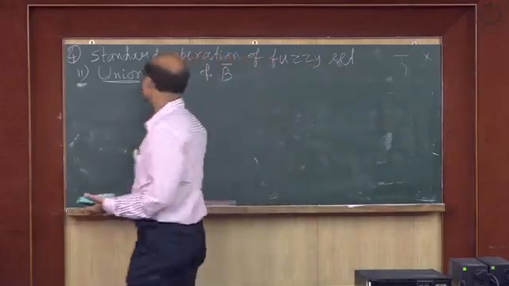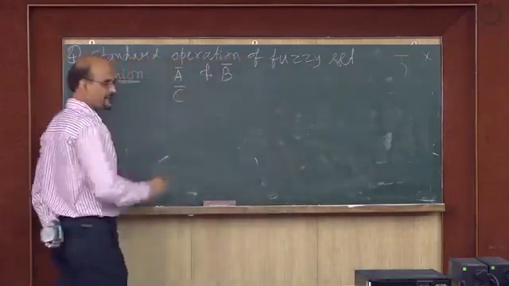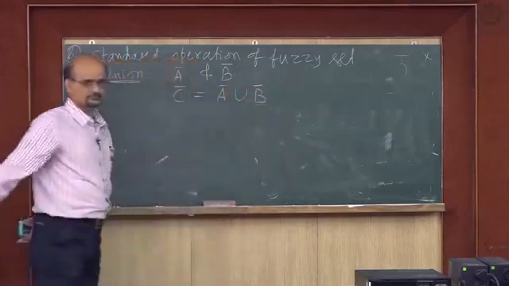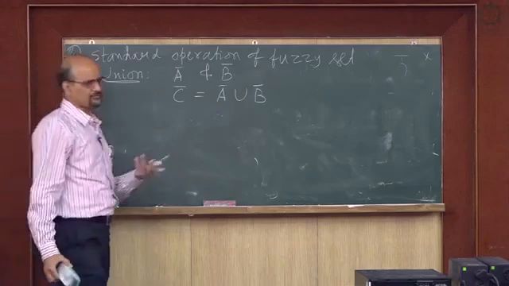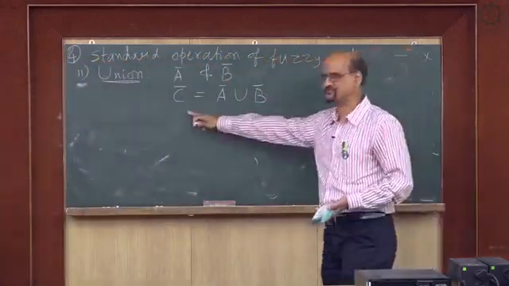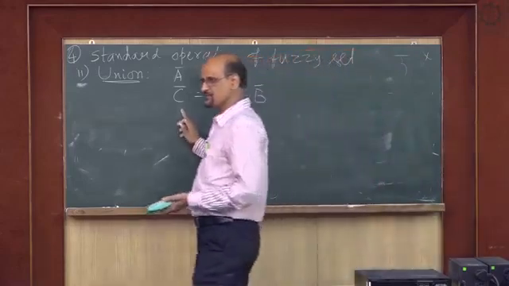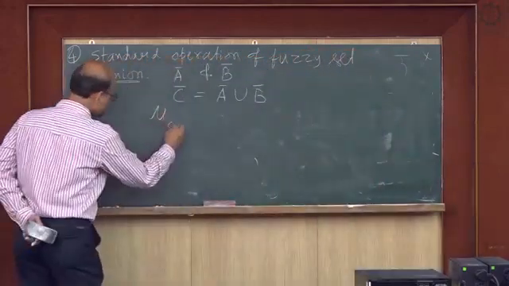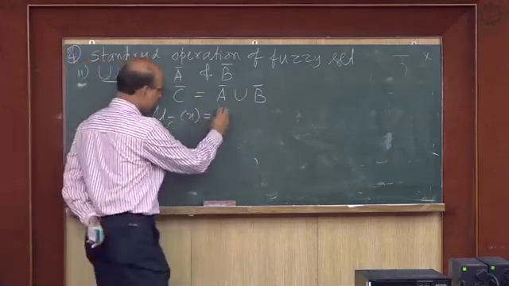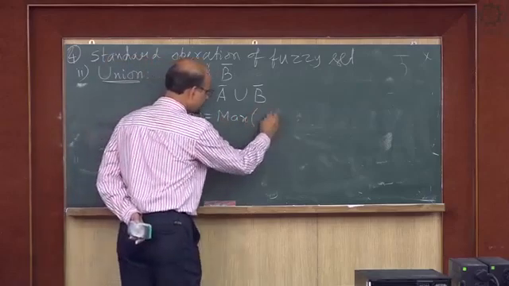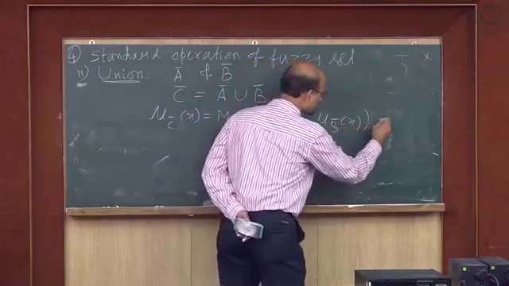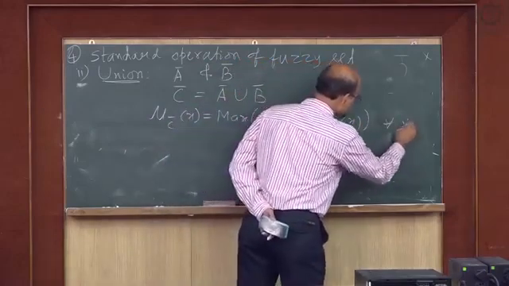I write another fuzzy set C bar equal to A bar union B bar. Mathematically that is fine, but the main problem is the membership function. The membership function mu C bar x should be the maximum of mu A bar x and mu B bar x for all x belonging to X.